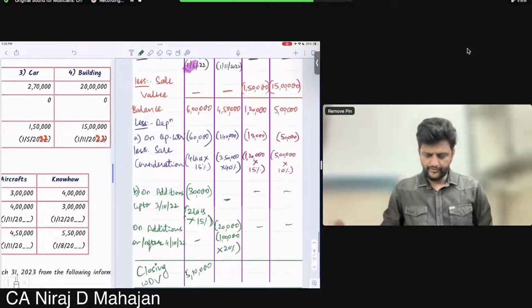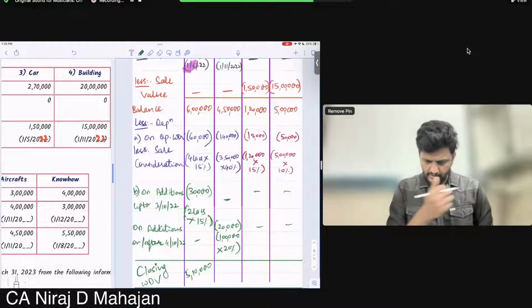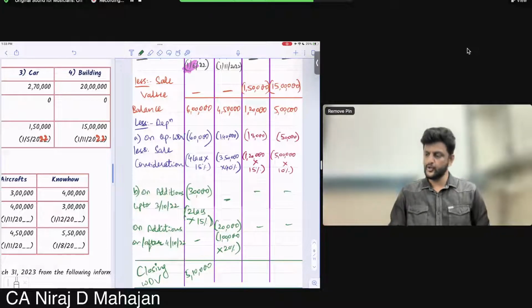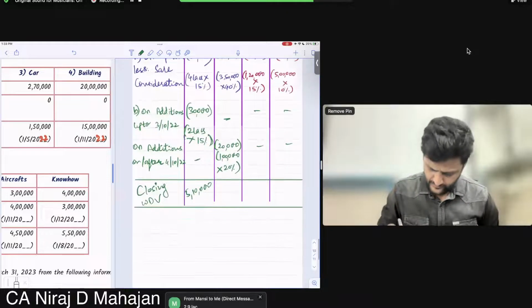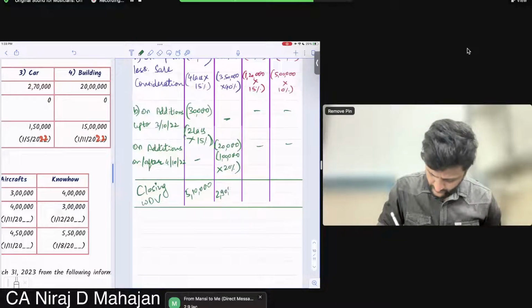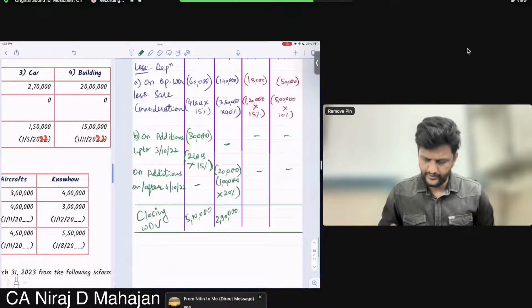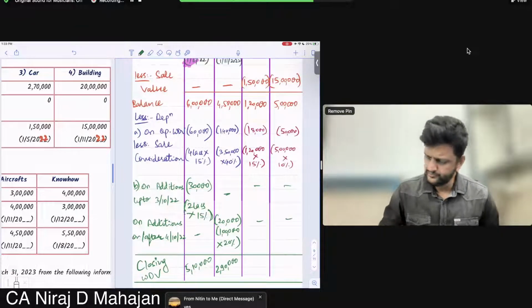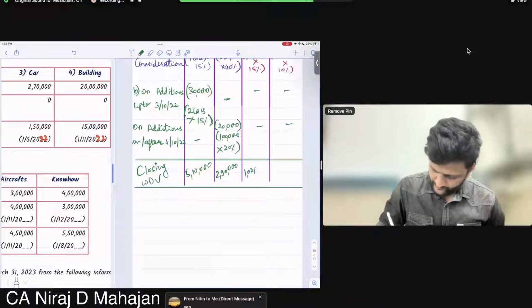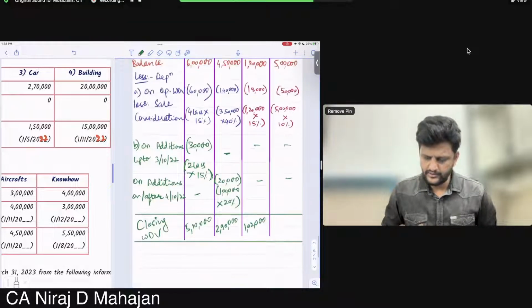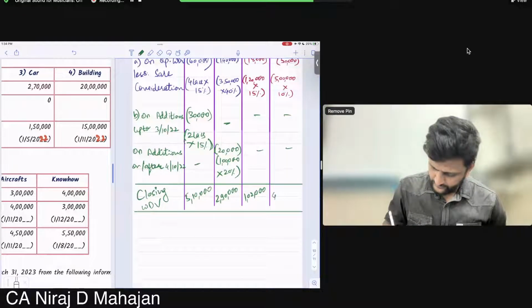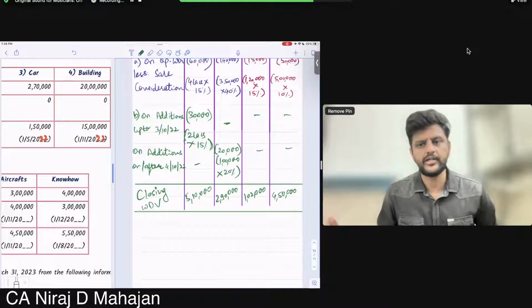Then 450 minus 140 minus 20, 160 reduced. How much is it? 290. Is it? Tell me. Fine. Good. Then 120 minus 18, so 102. And lastly, 5 lakh minus 50,000, 450. Yes, tell me, all of you.